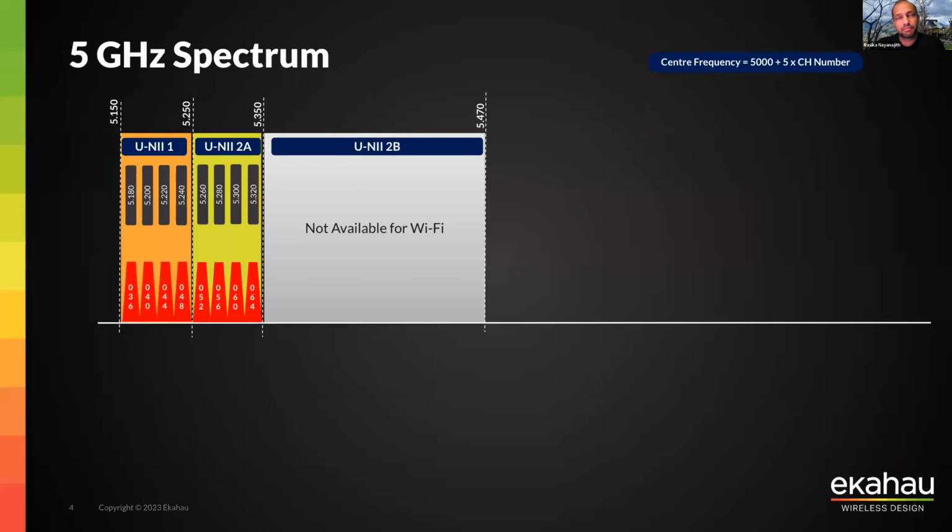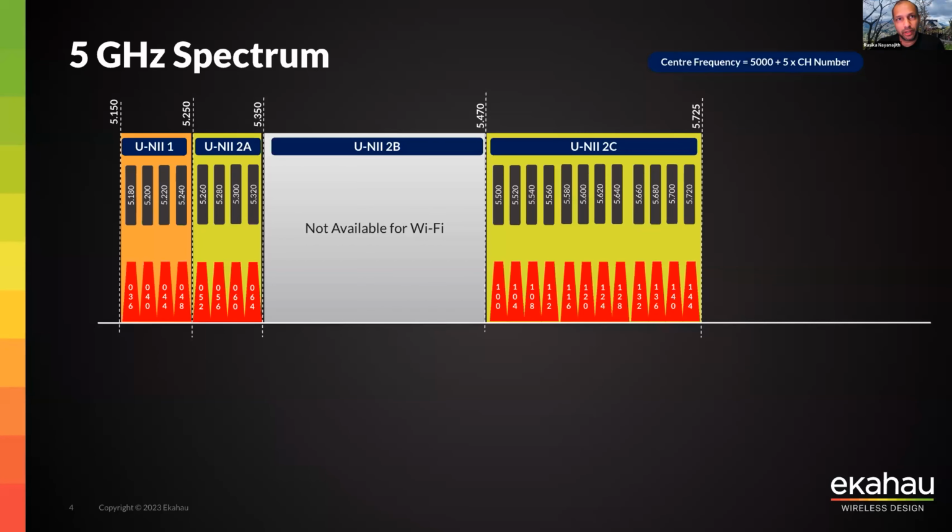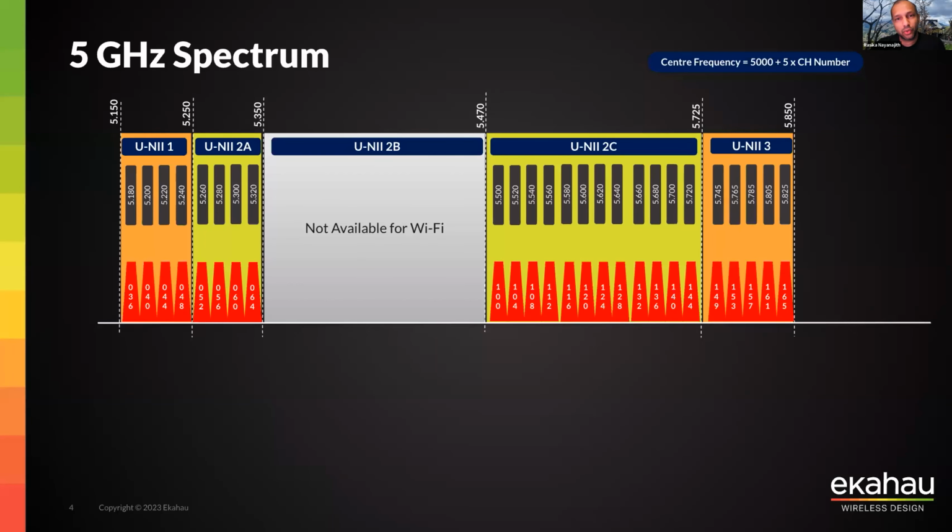And then we have something called UNII-2B, these channels starting from channel number 68 to 100, that are not allocated for Wi-Fi. In that way, UNII-2B is not for Wi-Fi, but then we have the UNII-2C band, so there are 12 or 13 channels there. And then, discontinuous, UNII-3, channel number 149 to 165.